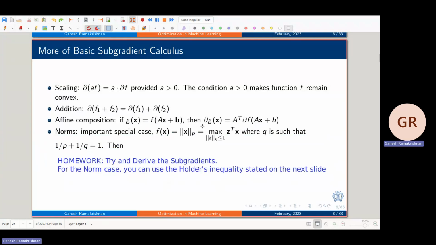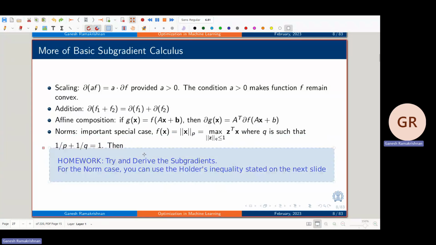The p norm of x is the max over the q norm of z less than or equal to 1 of z transpose x, where q is such that 1 upon p plus 1 upon q is equal to 1. So we just saw the one norm of x can be written as max over s between -1 and +1 of s transpose x.